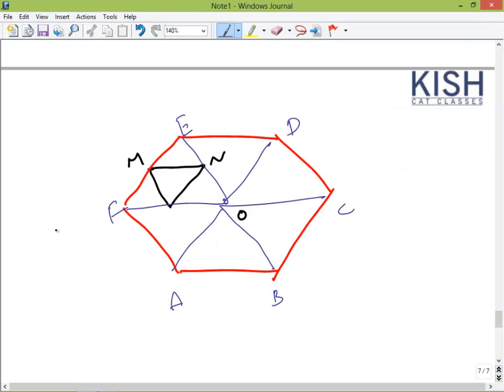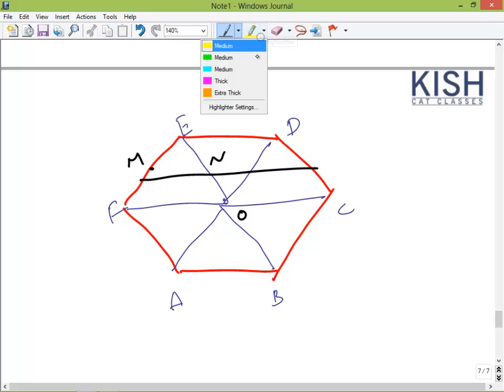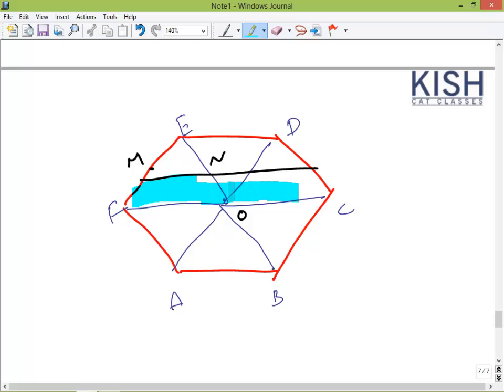So this one. Now, let us say a question is asked like this. If you come across a question like this: what is the ratio of the shaded region to the original hexagon? Where this one is like I'll write as M and N. M is FE by 2.